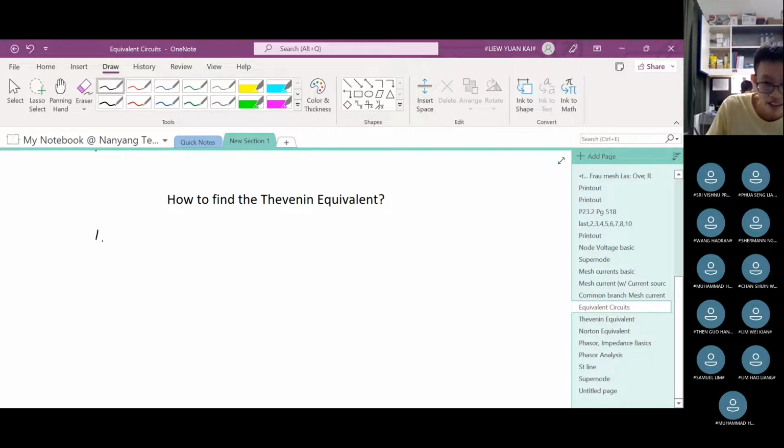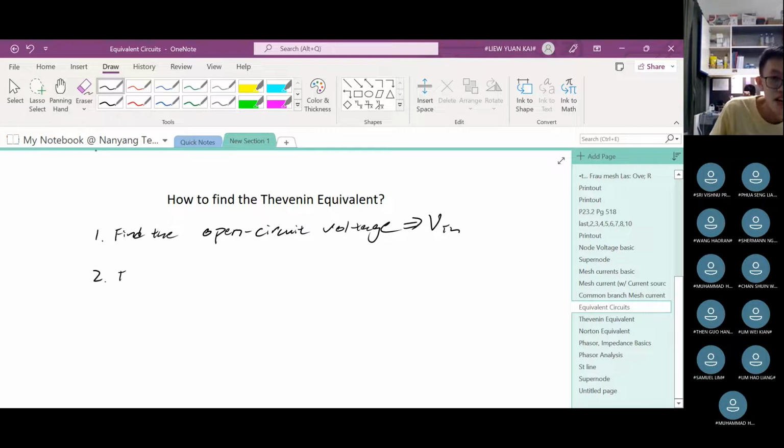So, number one, the first step to do is find the open circuit voltage. This open circuit voltage is the V Thevenin, the Thevenin voltage.